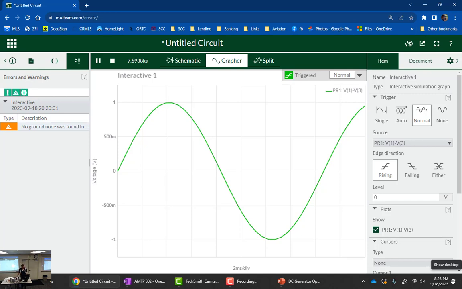Can you count the blocks? How many blocks did I have? 8.3. And every single one of those blocks counts for how much time? 2 milliseconds. So it's 2, 4, 6, 8, 10, 12, 14, 16 point. That would be 17, so bring it back. That's like 16.6 right about there. Okay, everybody follow so far?